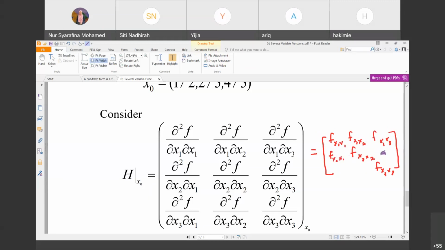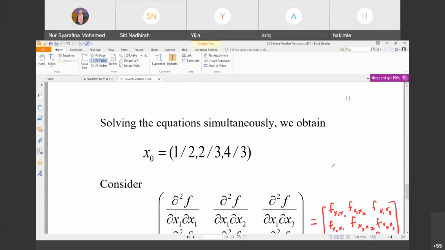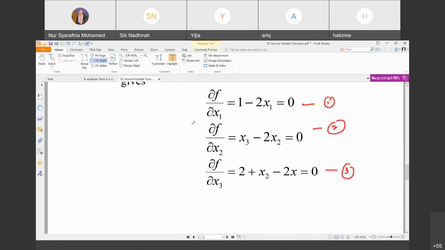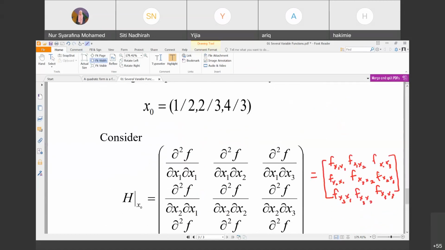Then fx2x1, sorry, fx2x2, fx2x3, fx3x1, fx3x2. So now you have your fx1. You just need to differentiate again with respect to this, referring to this x1x1, x1x2, and so on.